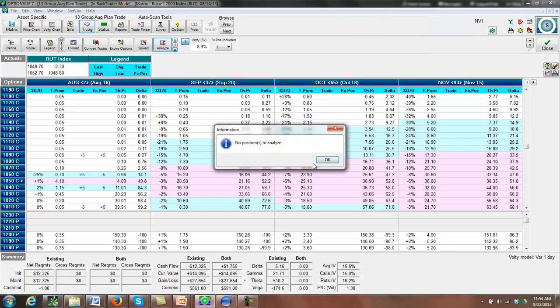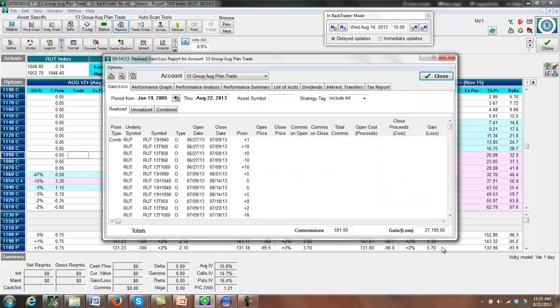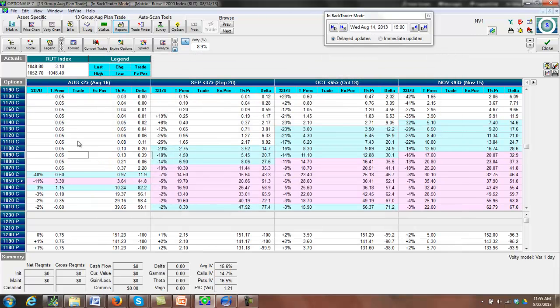And that would take us completely out of the trade at that point. And I did it without changing my delta around a whole lot, so that's kind of how we exit that one. And the profit in this one ended up being 27,199, which is in the, I think it's 54-55% range. So that was how we exited the August planned trade.